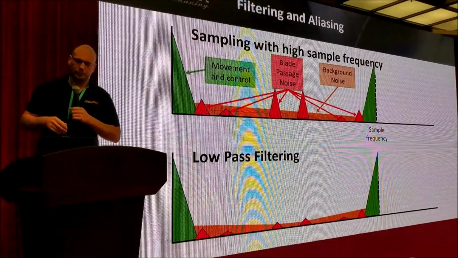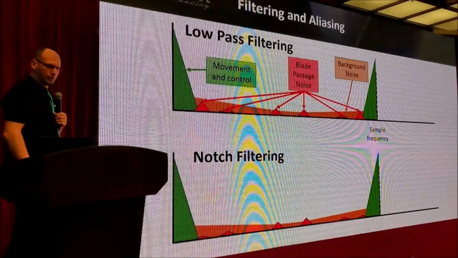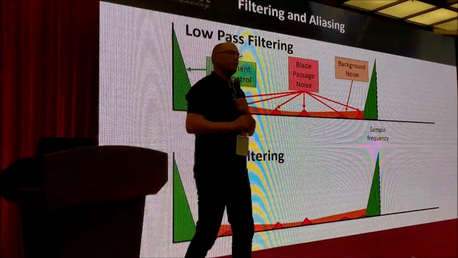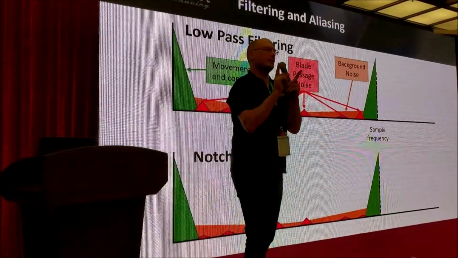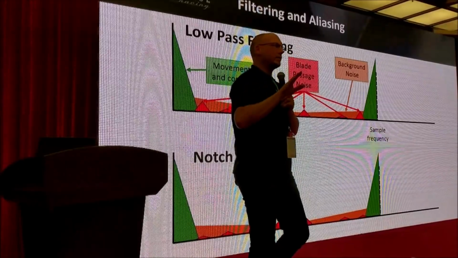Now, that's with a simple low-pass filter. One of the other things we can do is use notch filters. Now, a notch filter takes a very specific frequency band and removes it. It takes that out.